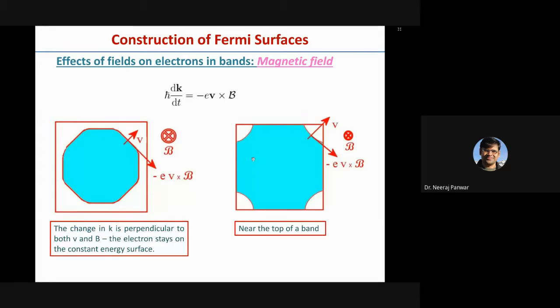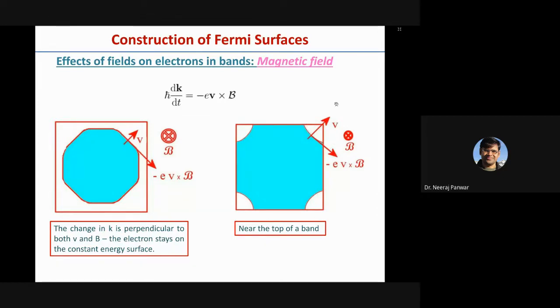But again, you see the second image where the Fermi surface not only lies in the first Brillouin zone, but part of it lies in the second Brillouin zone also, and therefore it intersects with the zone boundary. And these states are empty, very close to the corners of this square, and closer to the zone boundary. Here, see the motion. In this case, the electron is moving clockwise, but here the electron is moving like this.